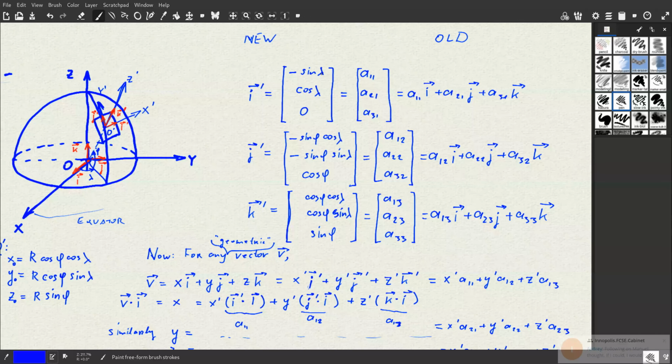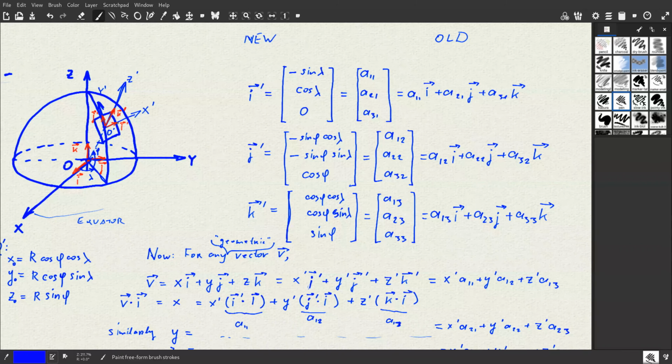Why do we have these coordinates actually? You see, what is our vector I prime? It is a vector which is a projection of the radius vector of our O prime point, the center of the topocentric system, to the equatorial plane. Now, the I prime vector is rotated 90 degrees compared to that.